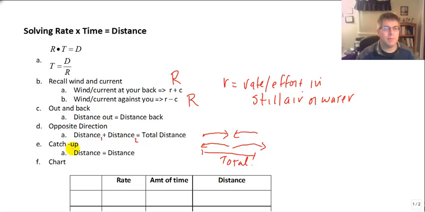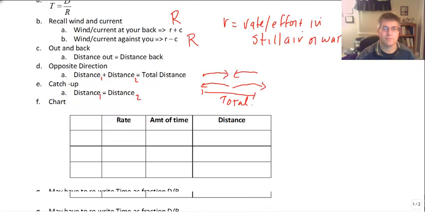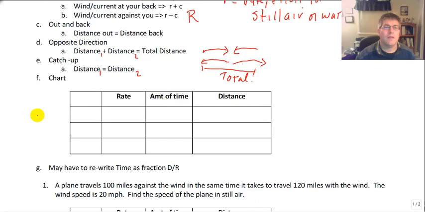And in a catch-up problem, well, what do you know about distance when you catch up to somebody? The distance of one person will equal the distance of the second, because that means you've covered the same or equal distance. And the charts I use, rate times the amount of time equals our total distance.